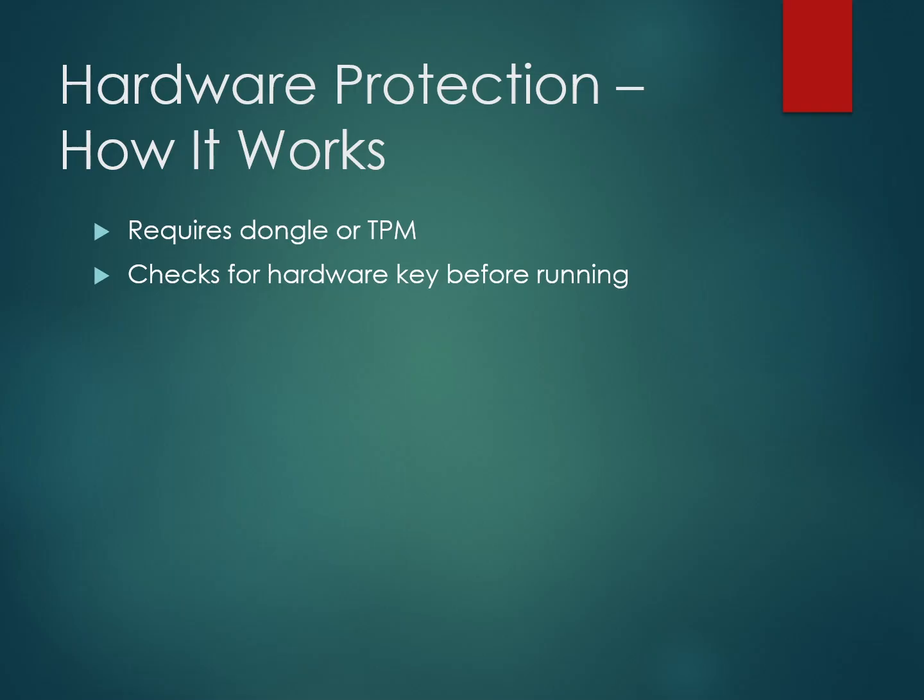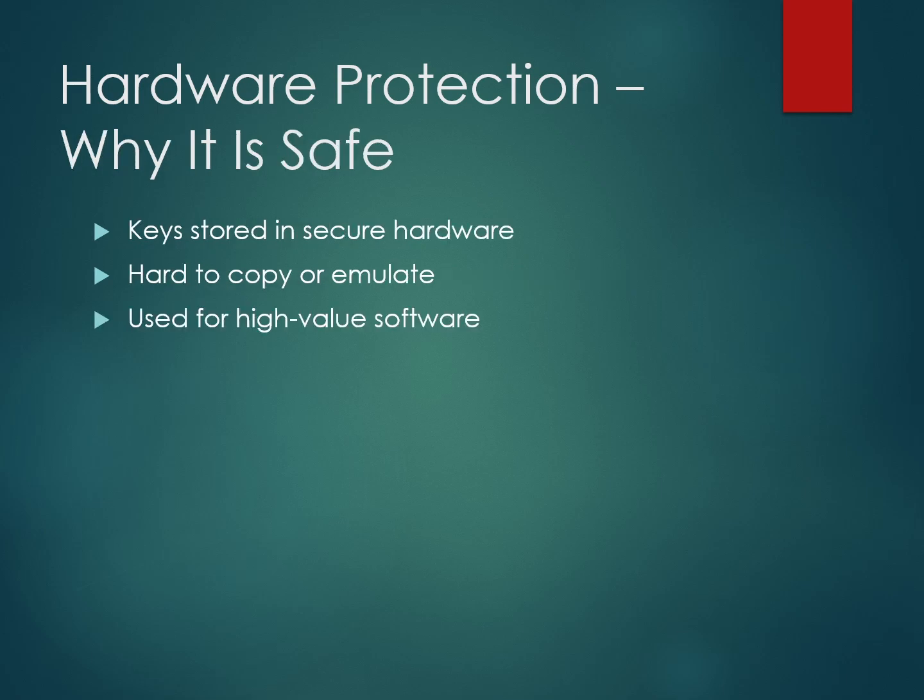These devices could be a USB dongle or some other device that has integrated security modules. And this approach can be effective if the cryptographic keys are stored in tamper-resistant hardware.